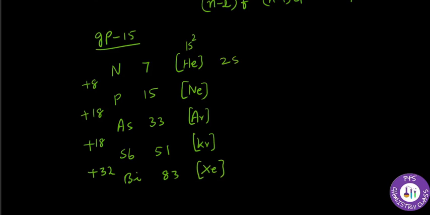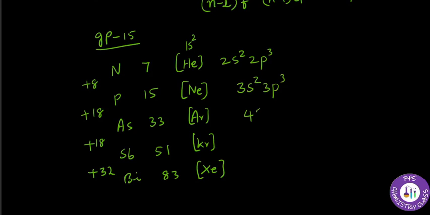2s2, 2p, it will be 2 plus 2, 4, 3. Okay, 2s2, 2p3, that's all. So what you have to do? 3s2, 3p3.